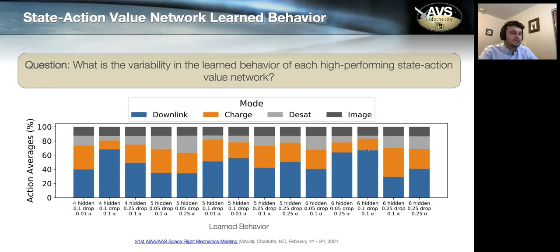But different agents spend different amounts of time trying to downlink. So some agents spend only 30% of the time downlinking and achieve 95% downlink utilization. Other agents spend 95% of the time doing this to achieve the same downlink utilization. So learned behavior varies greatly across the agents, and I think this speaks to the problem complexity a little bit. We could probably push it a little bit harder such that fewer networks perform well.